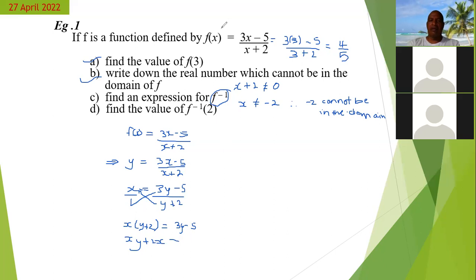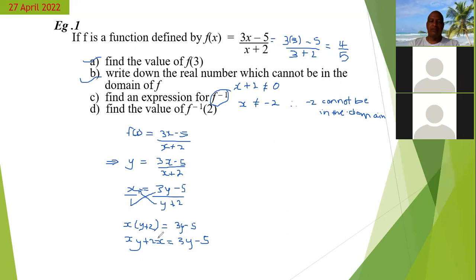And that would be equal to 3y minus 5. Now what we want to do now is group the y's on one side of the equation, and everything else would be on the other side.